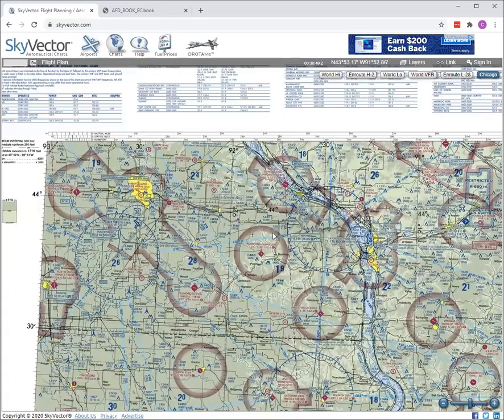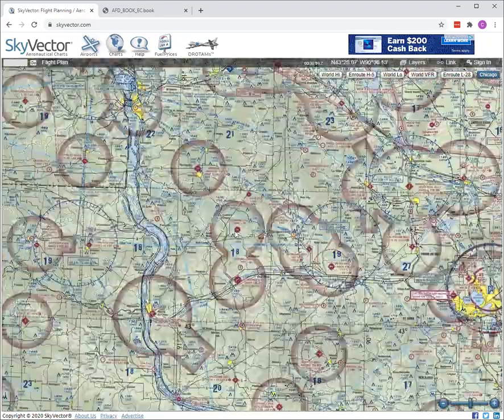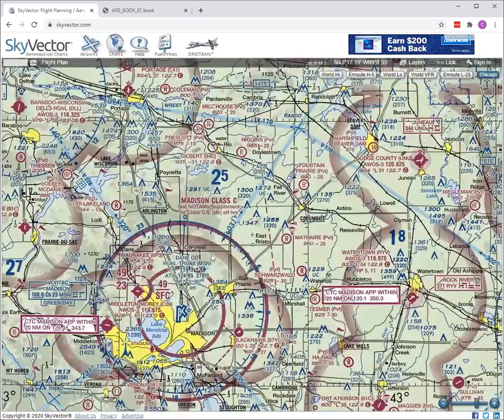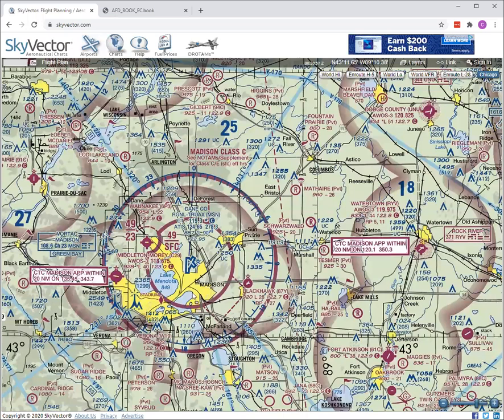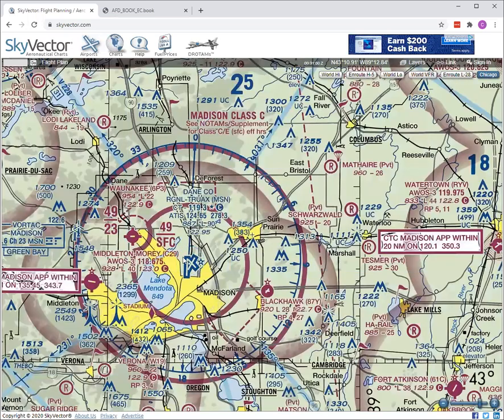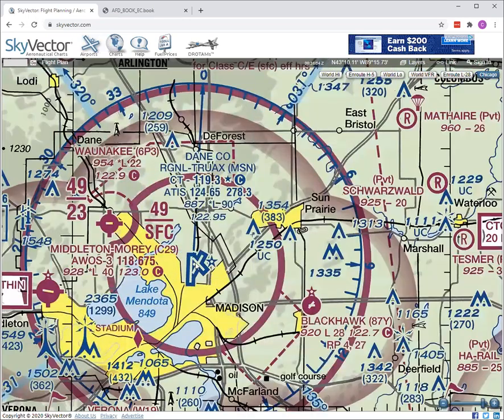All right, let's see if I can find, here we go. So I'm just going to pick this random airport here. This airport happened to have a DME or a VOR on site, and you can see it has the rose in the center of the airport.